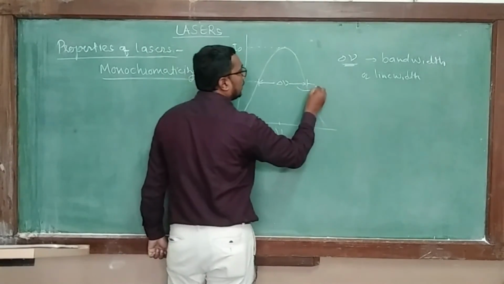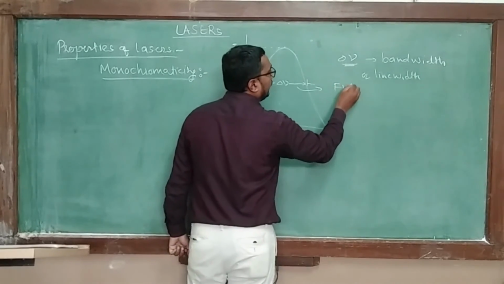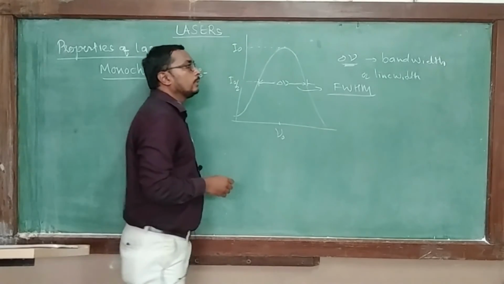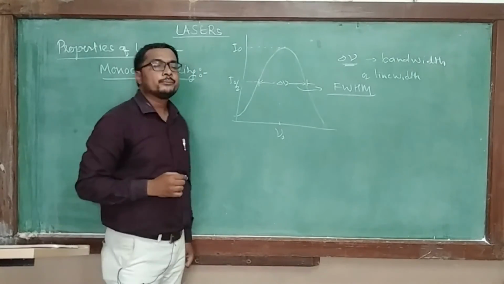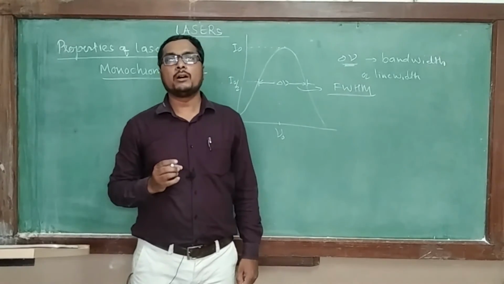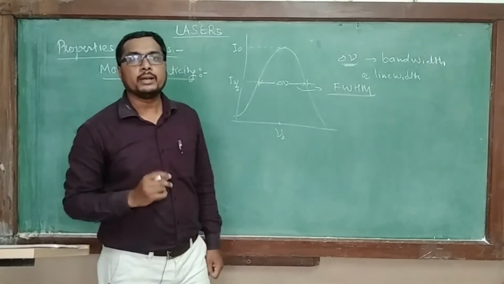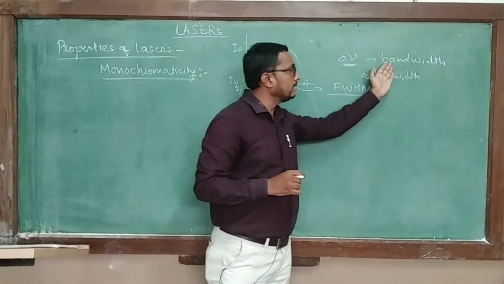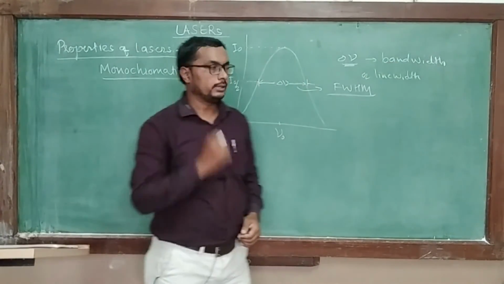This is also called full width at half maximum. So full width at half maximum is the measure of the line width or bandwidth of any source. In the case of laser, we use this terminology, bandwidth or line width.